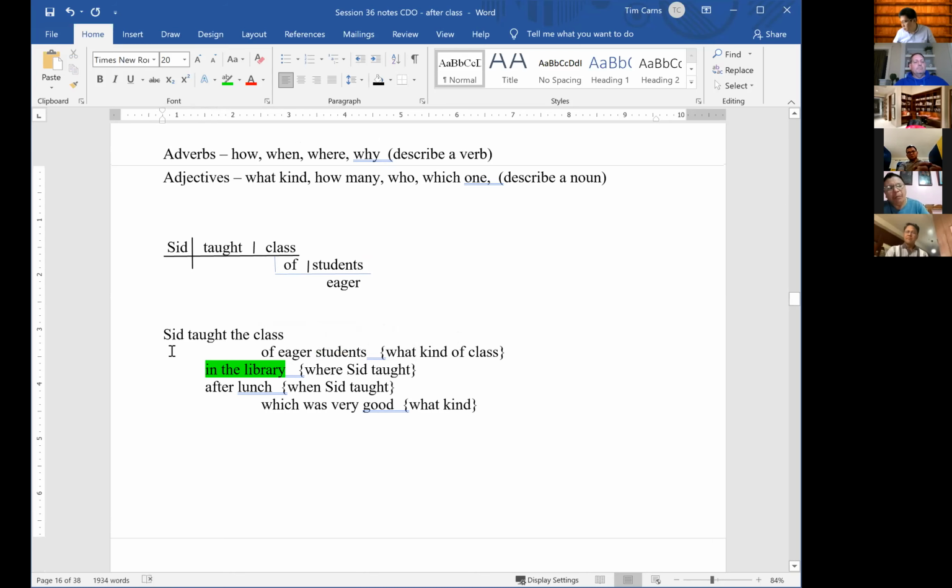And so by looking at a block diagram, you're able to make the interpretive connections more easily. Here, for example, which was very good, that's not a main idea. That's just modifying lunch, and lunch is not the critical point in this sentence. Sid taught the class. That's the main focus, right?